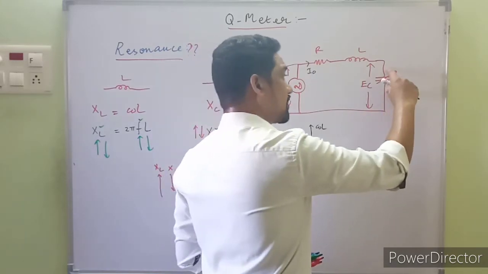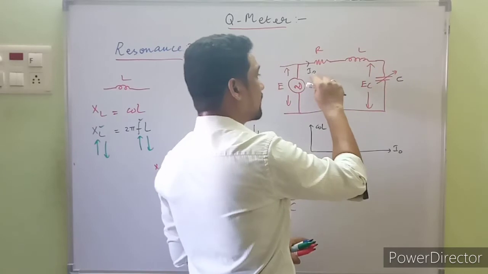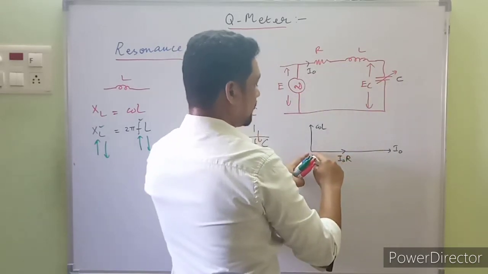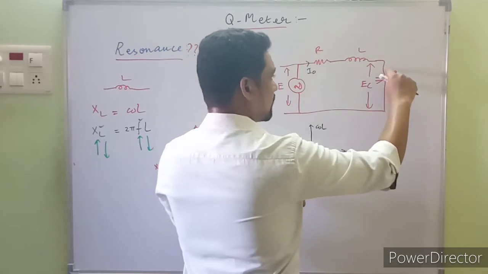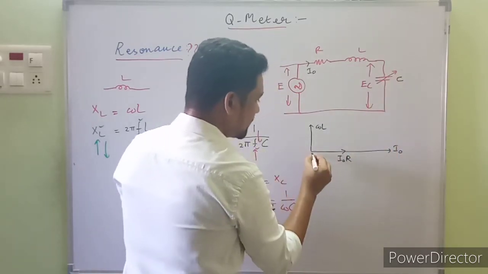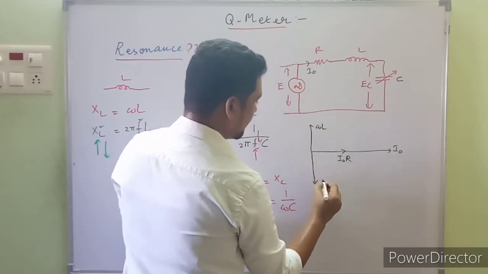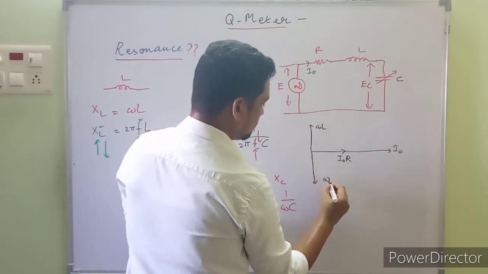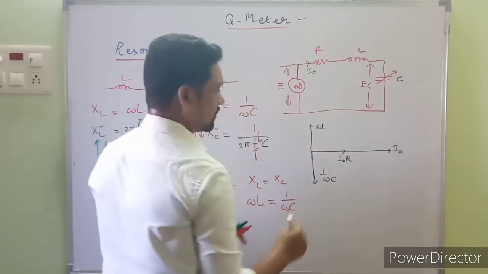The voltage across the capacitor will be 90 degrees behind the current through the capacitor. So we already have that current which is flowing through this capacitor, and the voltage drop across the capacitor will be lagging 90 degrees behind, like this one. And how to write that one? It is 1 upon omega C.